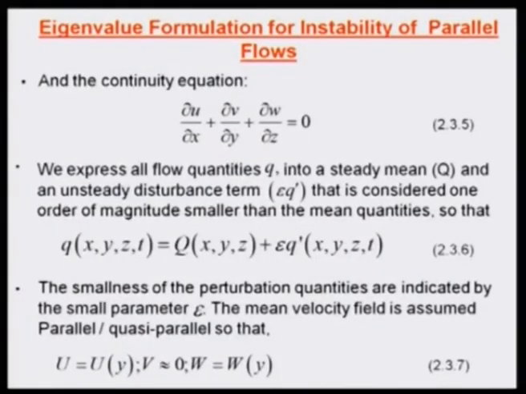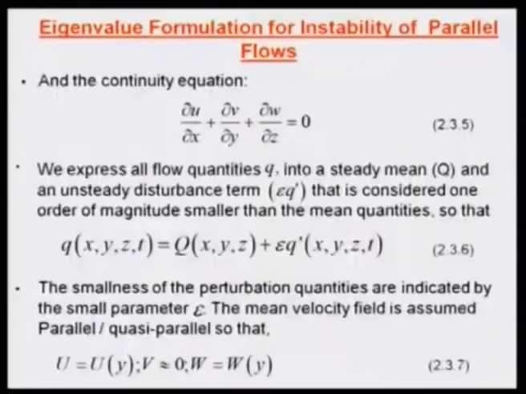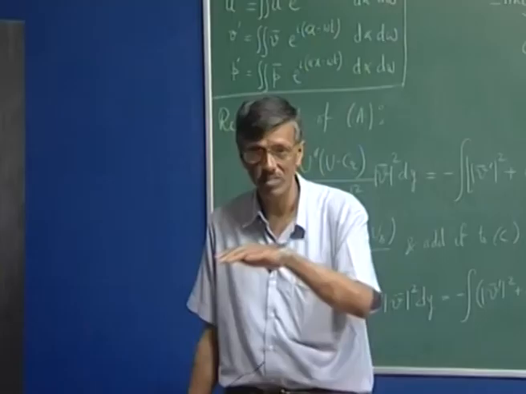Capital V non-zero does not allow you to make the parallel flow approximation, right. Whereas, U and W components once again have to be only a function of y to keep the stream sheet.